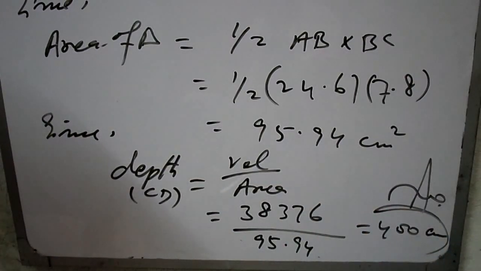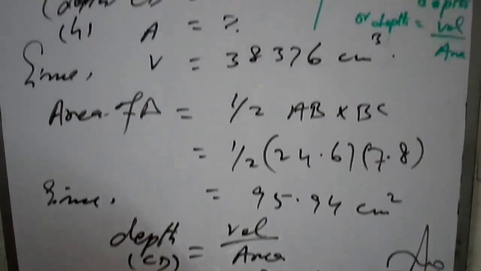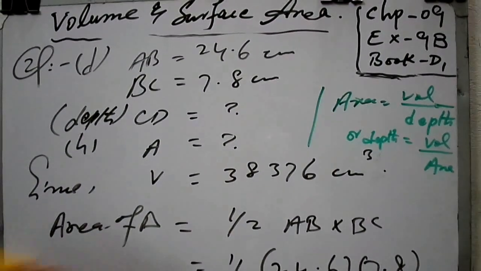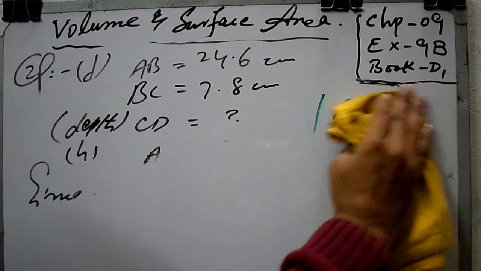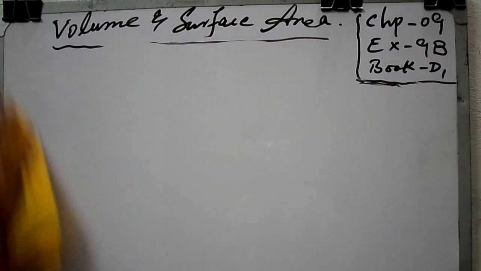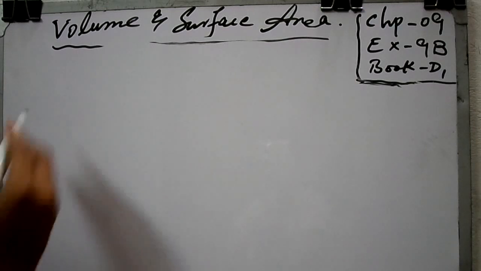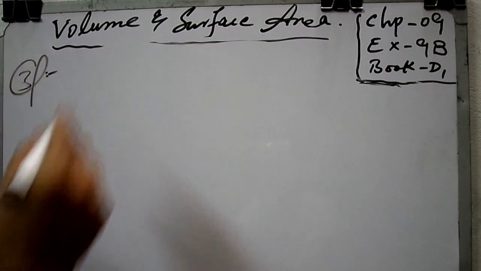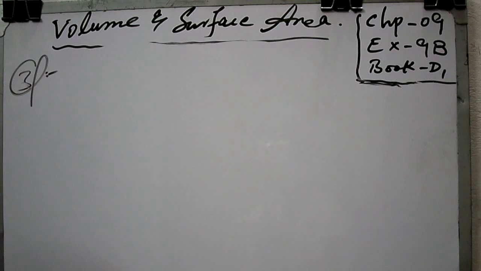Now coming to the next question, that is question number 3. In question number 3 you can see, find the airspace in the hall 80 meter long with the dimensions of its cross section given in the figure above.